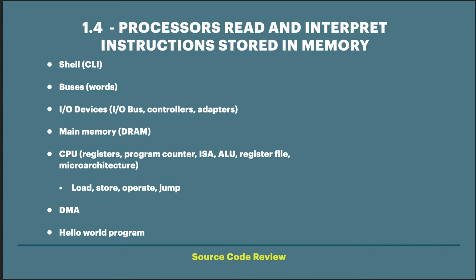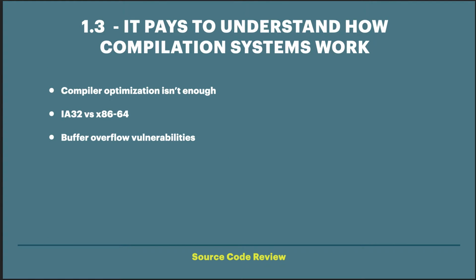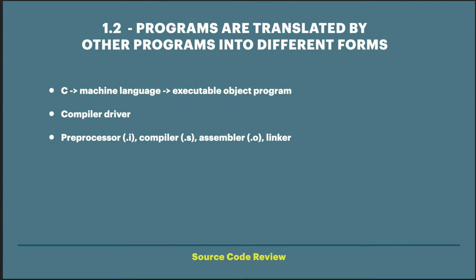Section 1.4, processors read and interpret instructions stored in memory. Okay, I just forgot to mention something earlier, so let me go back up to it. Compiling is not always done like this.